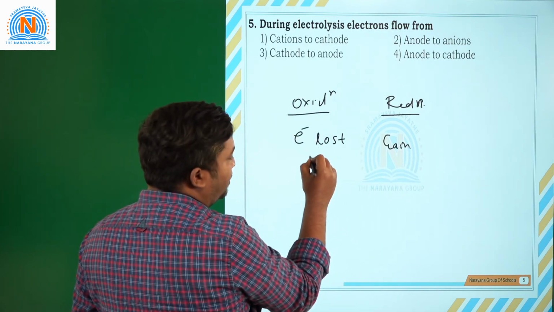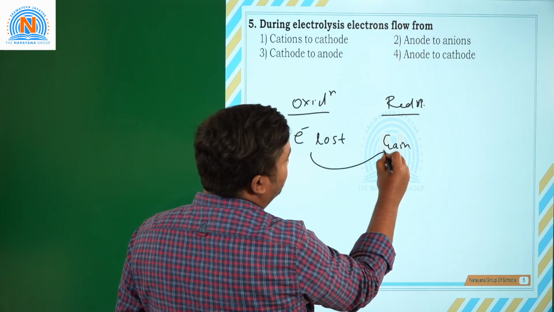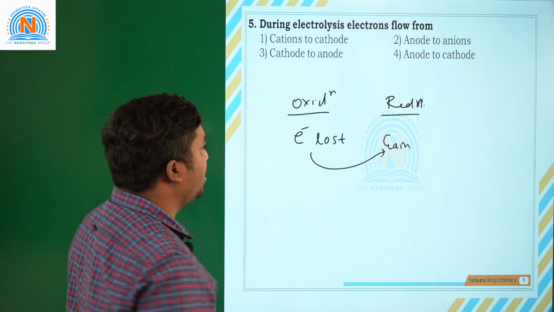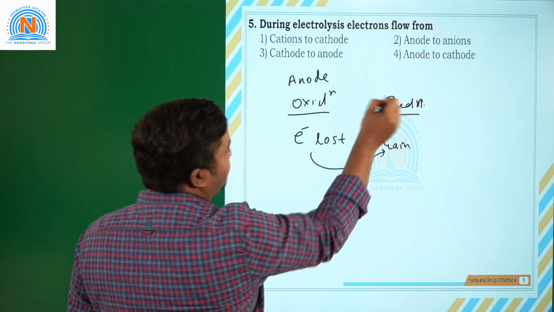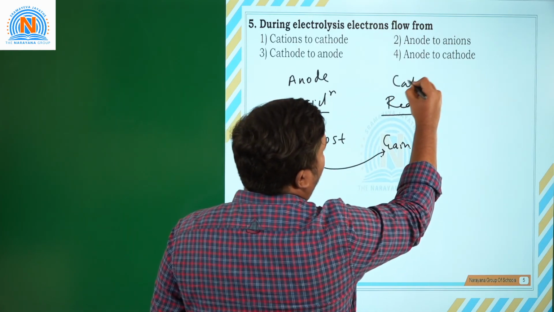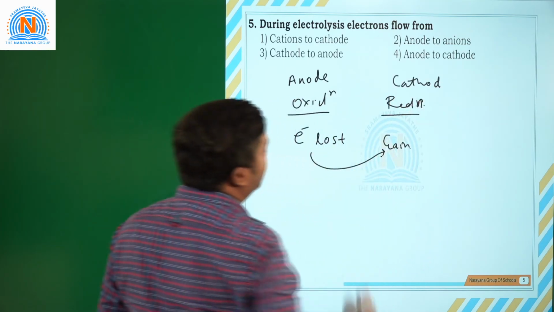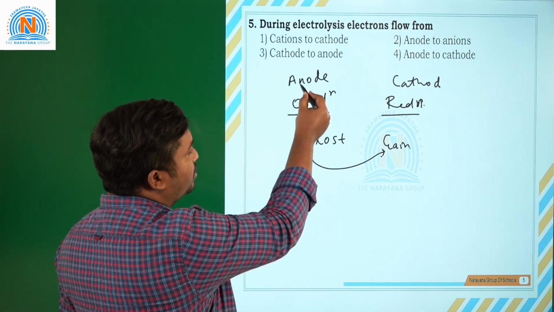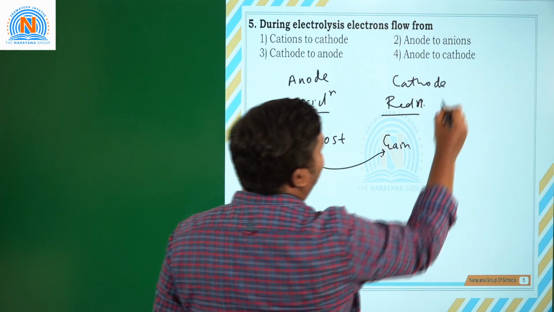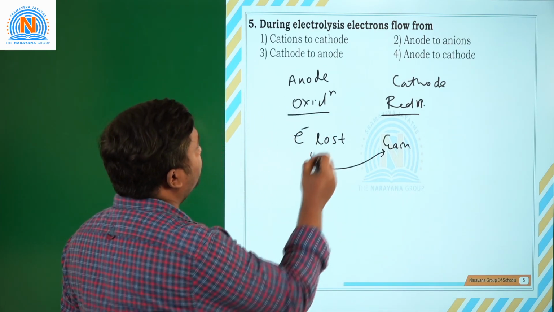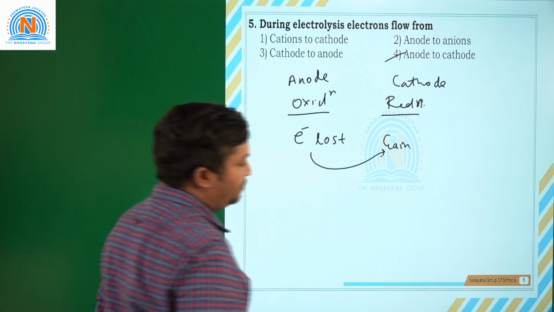Means the one which is undergoing oxidation should give electrons to the one which is undergoing reduction, and oxidation process generally takes place at anode and reduction process takes place at cathode. So, just see the direction of the electrons. Electrons are moving from anode towards cathode. So, fourth option would be correct for it.